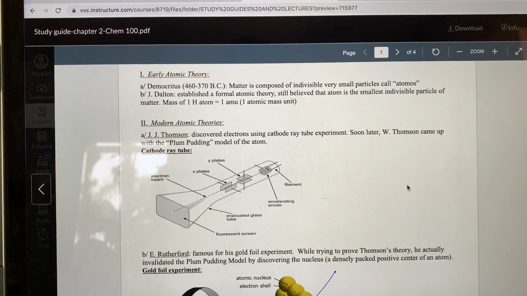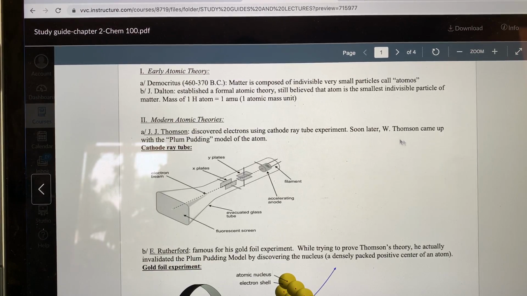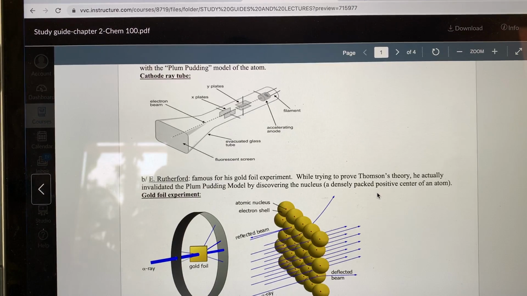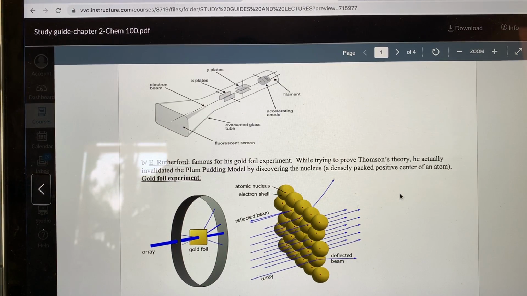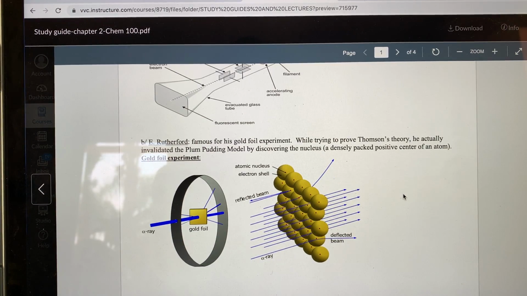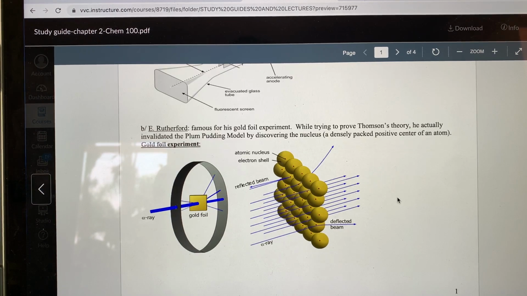Okay, now he also proposed the plum pudding model of the atom, and asked his student Rutherford to prove that. Basically, the plum pudding model said that electrons are negatively charged and protons are mixed in an atom evenly. Okay, it turns out that's not the case.